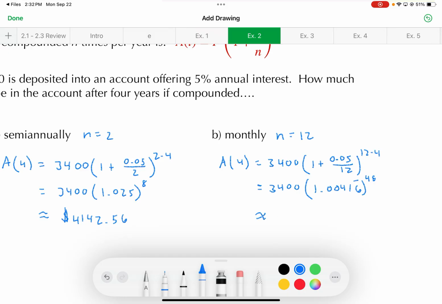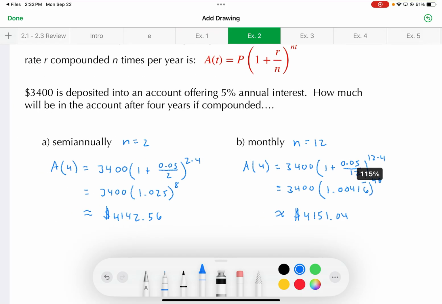Okay, and then ultimately that's going to simplify to $4,151.04. Notice you're gaining more interest with more compounds, right? Okay, questions there?